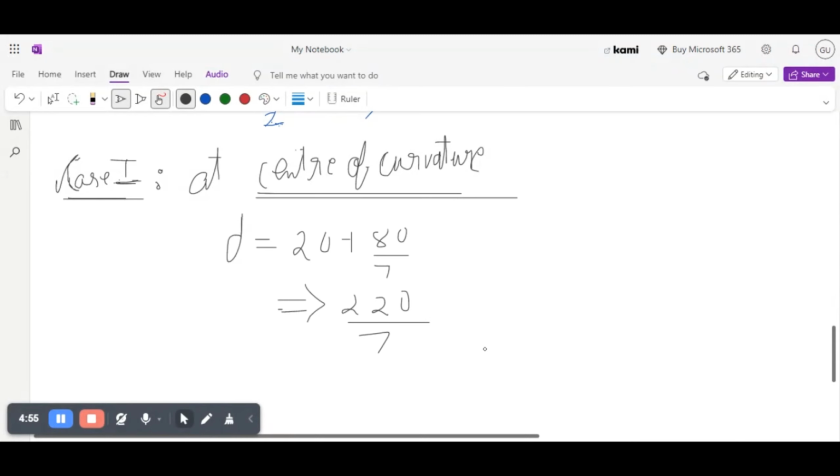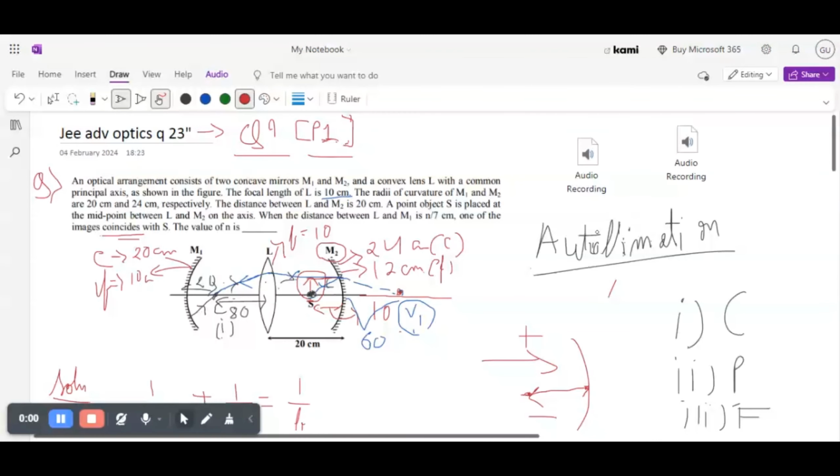In this case, we are getting 220 by 7. If we compare it with n by 7, n is simply 220. So one case is done, the first case, curvature.